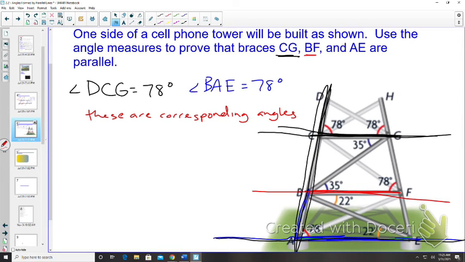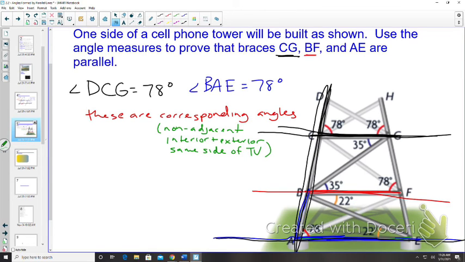Okay, so they are corresponding angles, you bet they are. What else did I have to say about them? Corresponding angles, so what does that mean? Non-adjacent, interior plus exterior, and same side of the transversal.